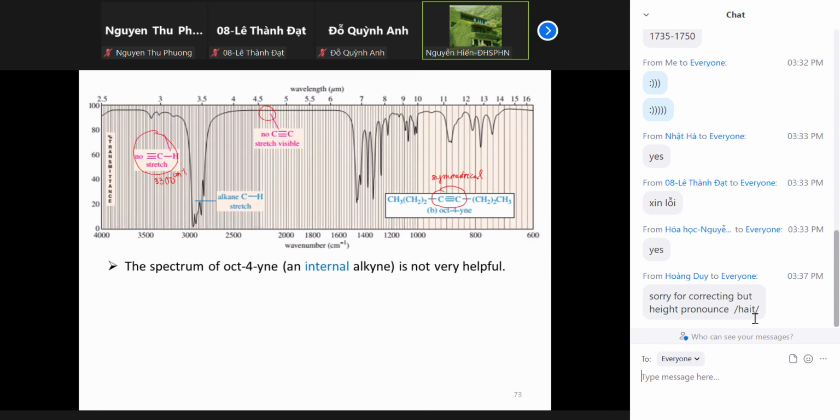And symmetrical structures have a small dipole moment, and a small dipole moment changes very little with time. So it cannot be a good antenna for infrared radiation. It absorbs radiation inefficiently.